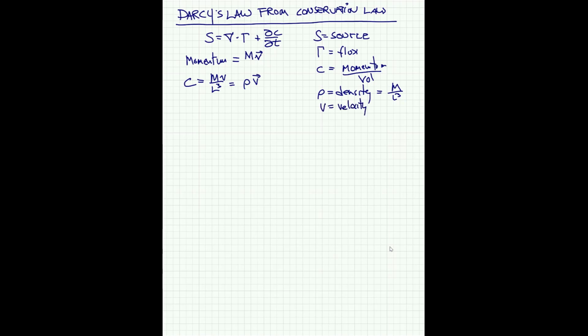So this is our general conservation expression here, and we want to determine these three terms: source, divergence of the flux, and storage change. So dC/dt is the rate of storage change, and that's going to be equal to d(rho V)/dt, just by substituting in our expression for C up here.